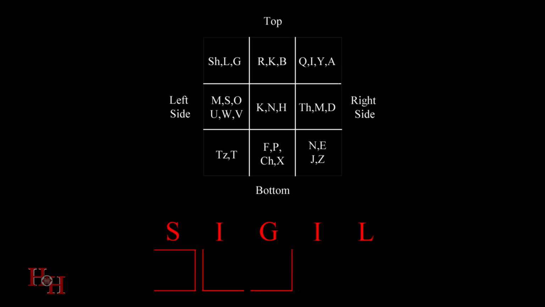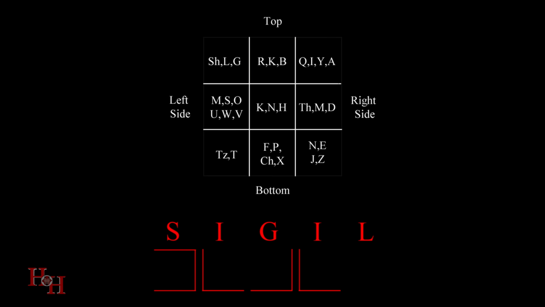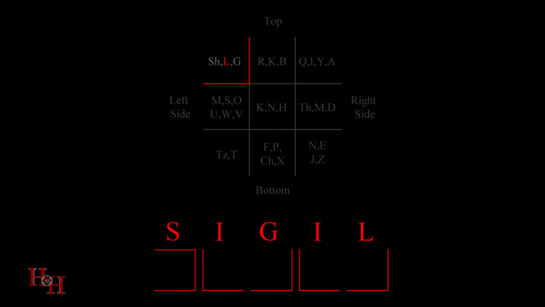The 4th shape is going to be the I again, which is that L shape on the far upper right. And finally, the L, which is also a reverse L shape from the top left, same as G.